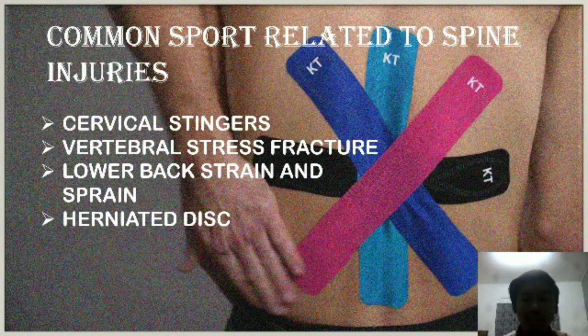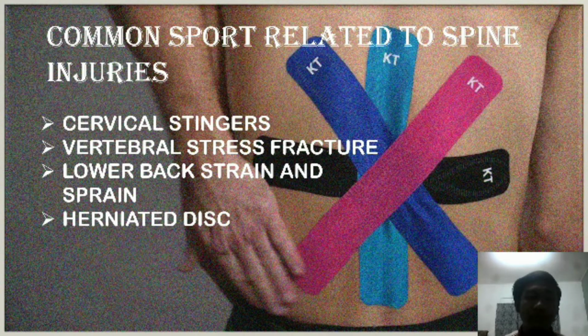Strain is caused when the muscle fibers are abnormally stretched. For sprain, it is caused when ligaments, the tough bands of tissue that hold bones together, are torn from their attachment. Most of these result from a sudden injury or from gradual overuse.